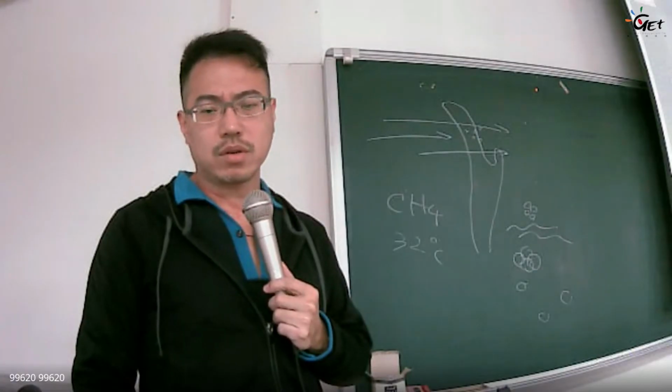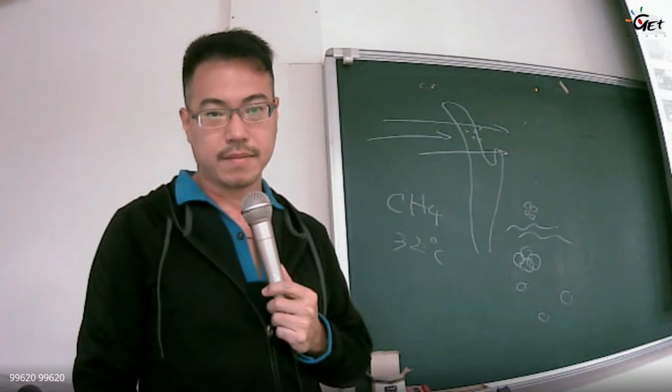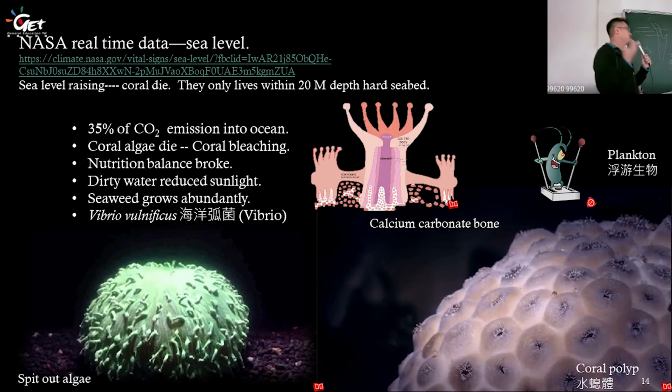This PowerPoint also lists some reasons that the coral reef will die. And now we already know the coral reef has the position of the rainforest on the earth. We call the coral reef the rainforest under the sea, which means they truly help us absorb carbon dioxide, and their function is kind of like the rainforest.